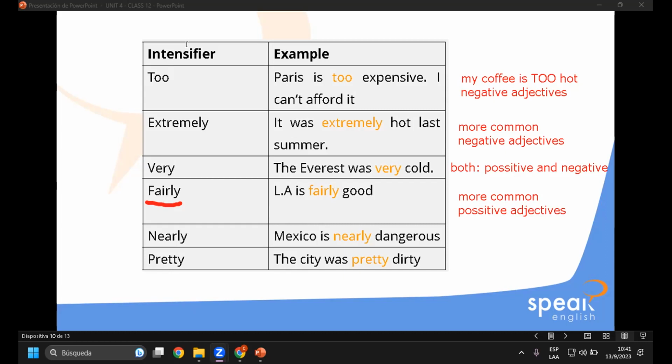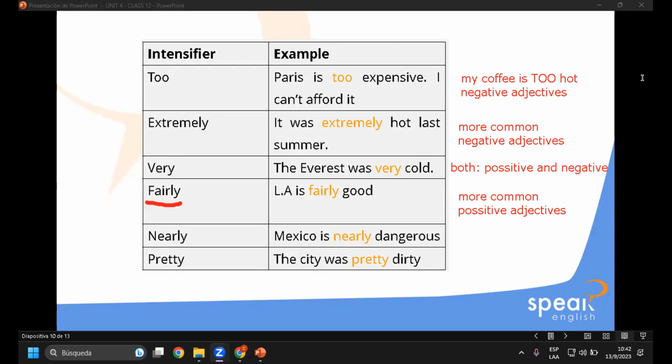Okay, fairly safe. That's a good one. So let's see. In the chat says Sonsonate is fairly sunny. Okay, very good. So fairly, it's similar to very. The only difference is that very, it's very common to use it with both positive or negative adjectives. And fairly, it's more common to use it with the positive adjectives. Is it clear, the meaning for fairly?